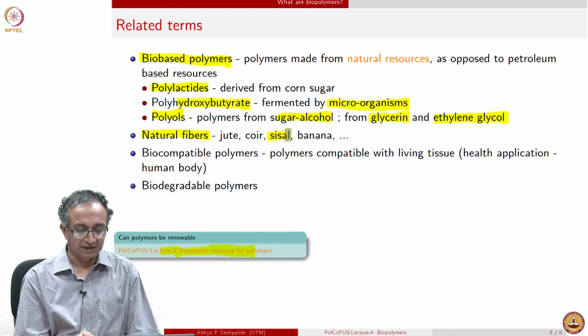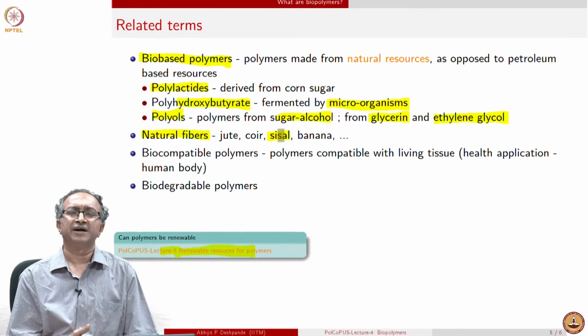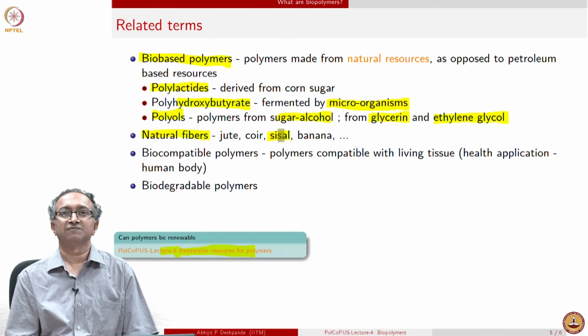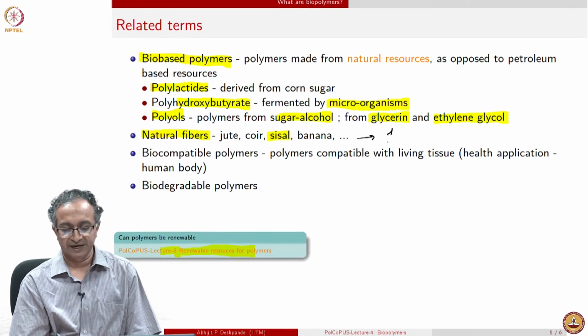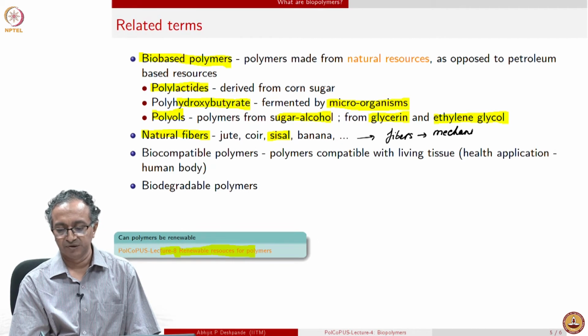These are some other examples, from banana, pineapple, so many plants from which we can extract fibers. And then these fibers, which are mechanically very strong, can be used along with polymers as composite materials.